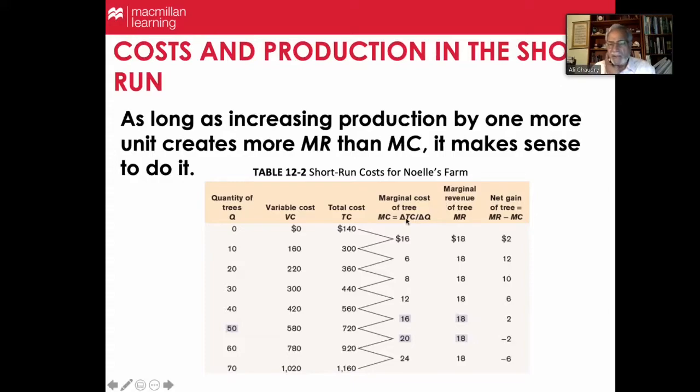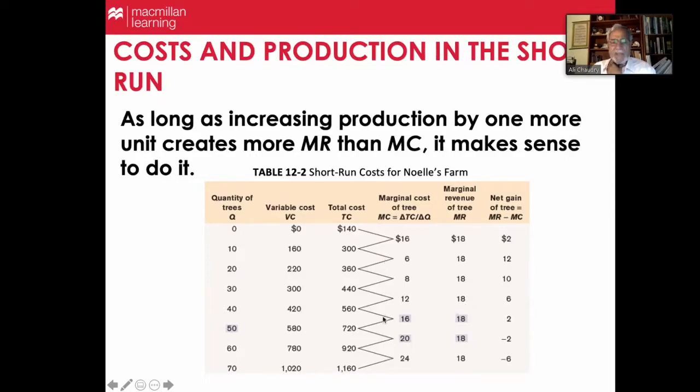So the numerator is 80. What is the denominator again? 10. So 80 divided by 10 is 8. That's how we get the marginal cost of $8 when going from 20 to 30.